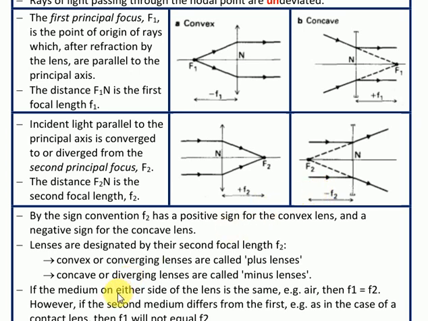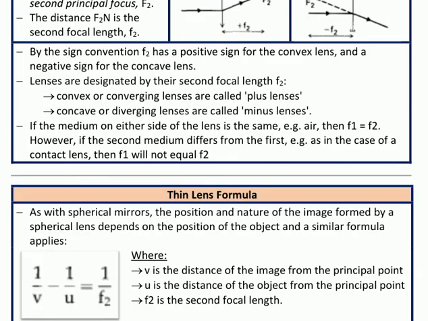Now if the medium on either side of the lens is the same, for example air, then f1 will be equal to f2. However, if the second medium differs from the first, for example in the case of contact lens, then f1 will not equal f2.